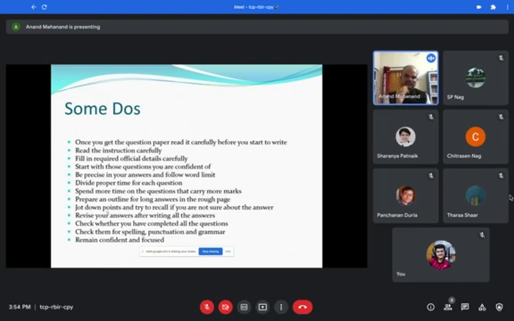Read the question paper very carefully. And also fill in the required official details carefully. You have to write your roll numbers and other details perhaps. Okay. Don't forget. You read it and fill in the required details. Start with those questions you are confident of.